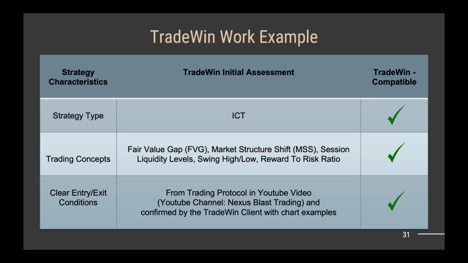For example, for this specific strategy, there were many trading concepts like fair value gaps, market structure shifts, session liquidity levels, swing highs and lows, reward to risk ratio. So this is fine, and you can code, you can detect those trading concepts.